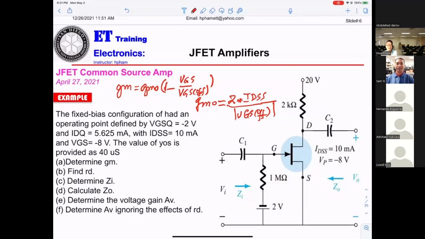Number A, you have to do the calculation. The first thing you need is the GM0, and substitute it into the formula. With the calculator you can get GM. I just want the answer for number A. Some students couldn't get it, and this will help them to redo the calculation. What does GM equal?